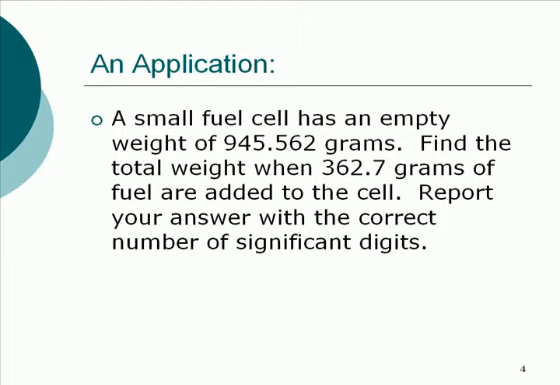We want to find the total weight if we add 362.7 grams of fuel. And we want to report the answer with the correct precision. That is to say, the correct number of significant digits.